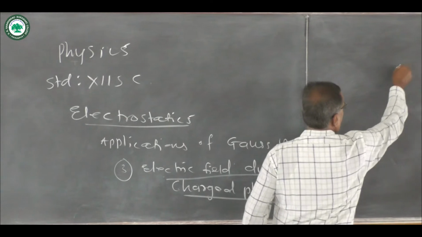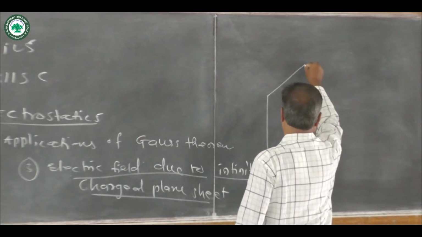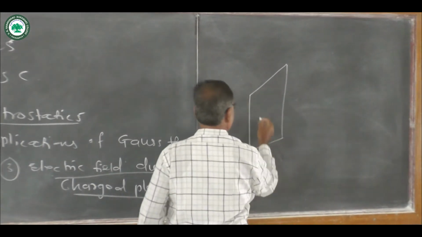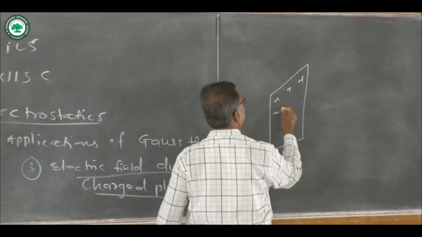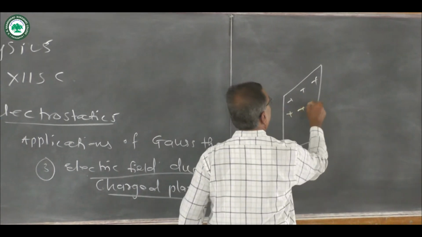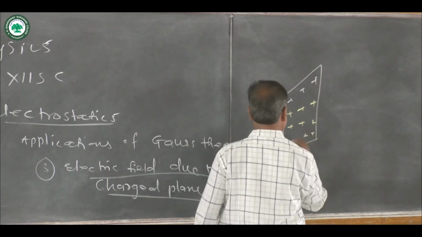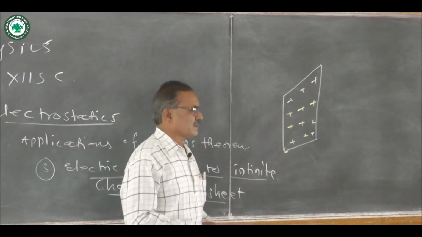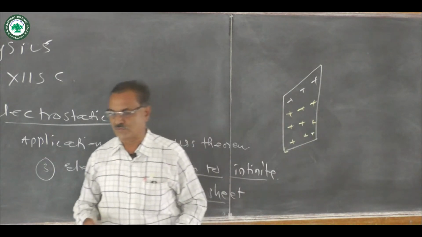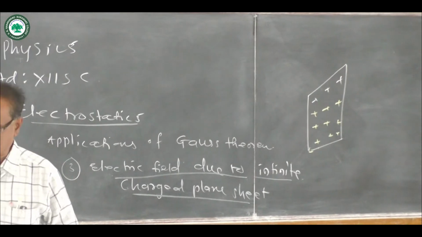Now this is a charged plane sheet. The charge is uniformly distributed on an infinite plane sheet.